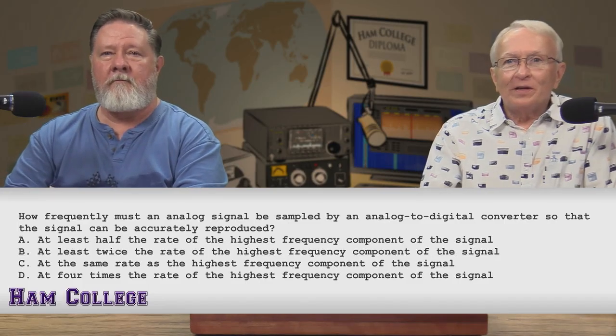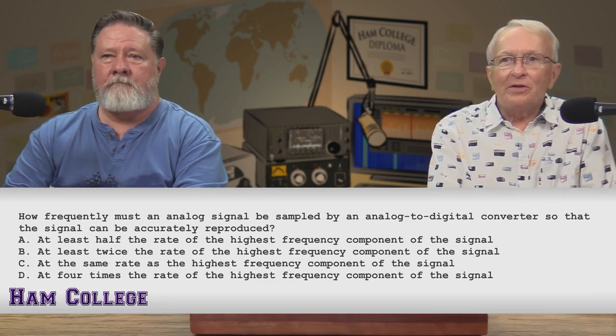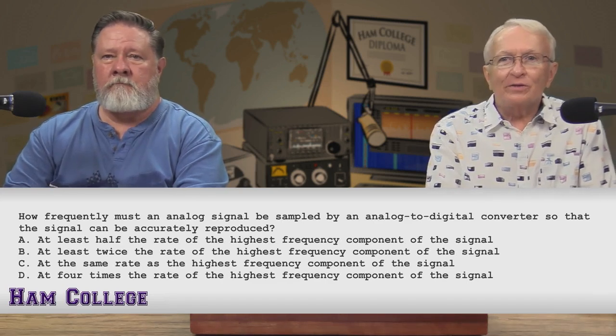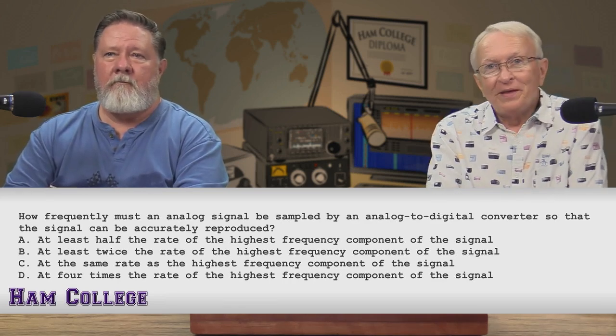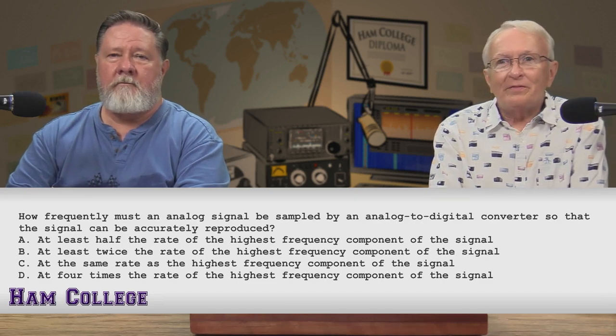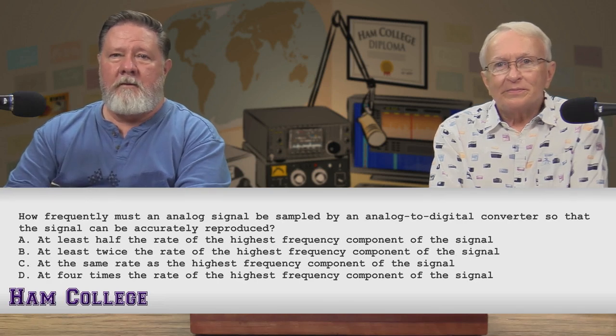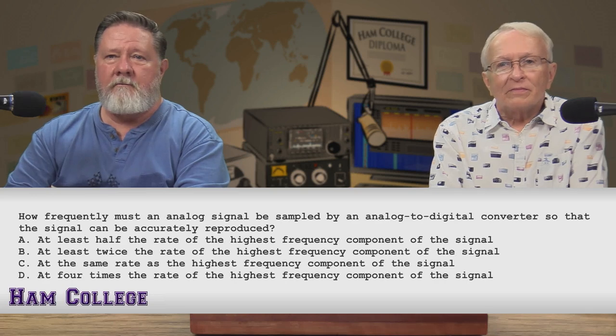How frequently must an analog signal be sampled by an analog to digital converter so that the signal can be accurately reproduced? I know you're going to know the answer to this one. You think A, yeah, at least half the rate of the highest frequency component of the signal. B, at least twice the rate of the highest frequency component of the signal.